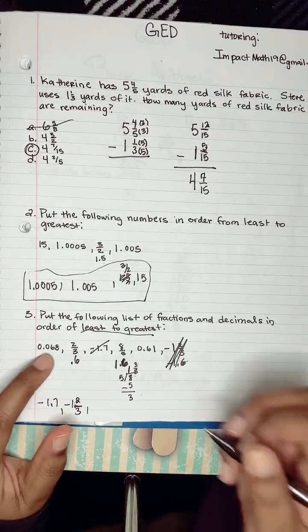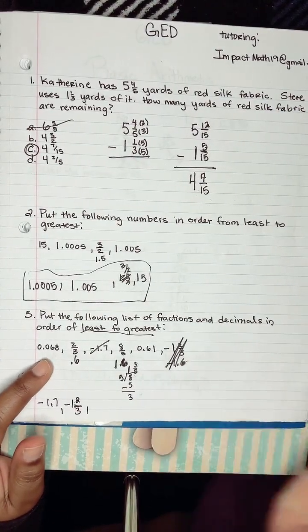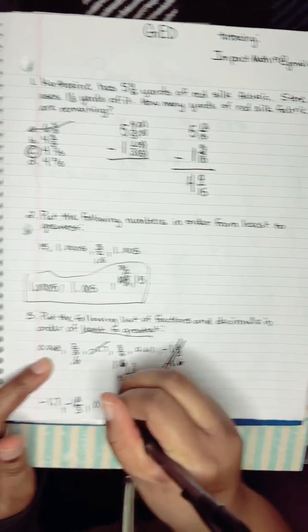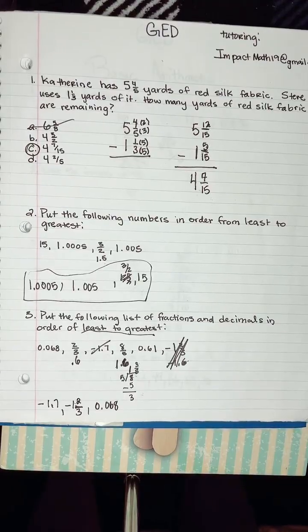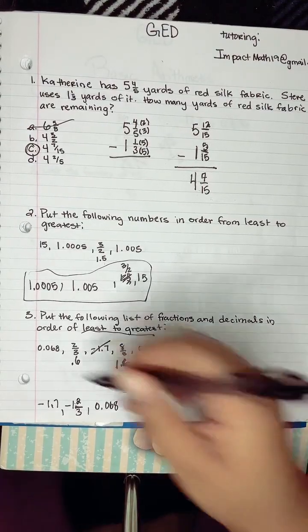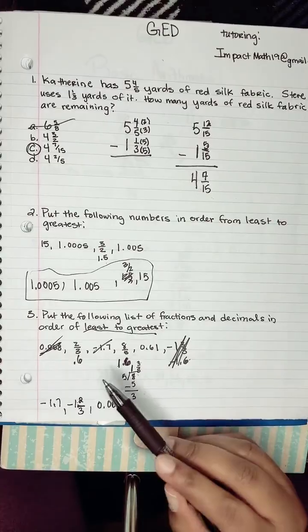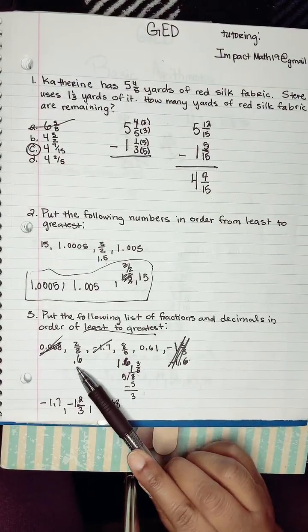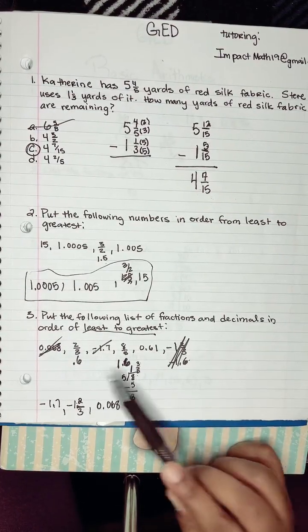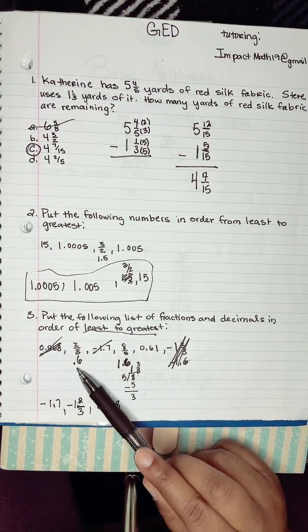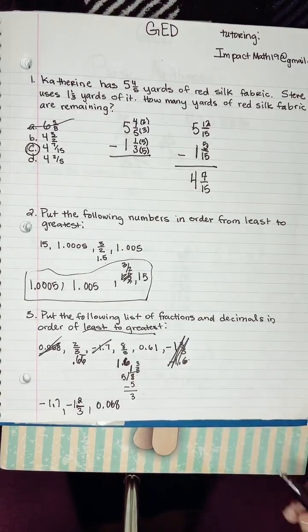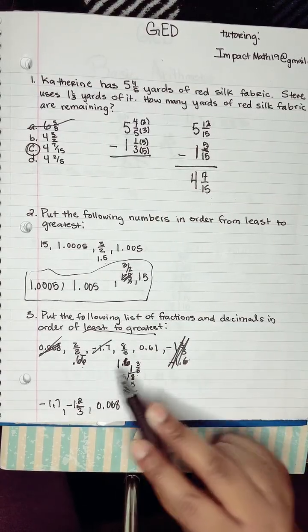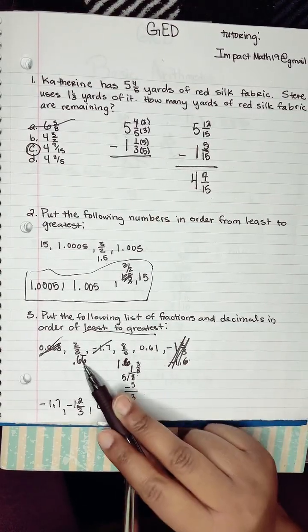So this has to come next. Boom. Then is 0.6 or 0.61. Okay, remember, this is 0.66 repeating. 6666. So which one is actually smaller?